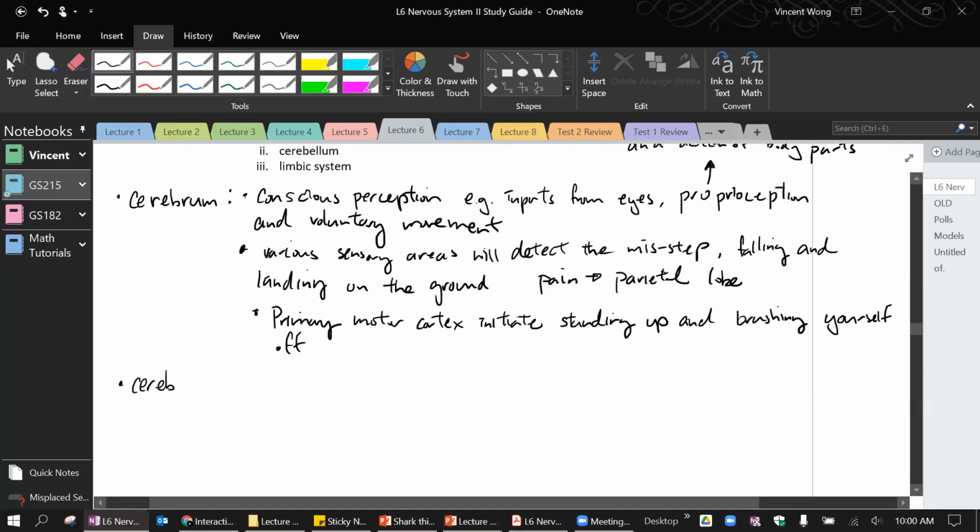The cerebellum, okay, which is the thing at the back of the brain, is there to maintain balance and equilibrium. But it failed in this case.